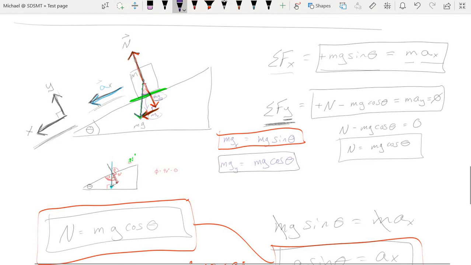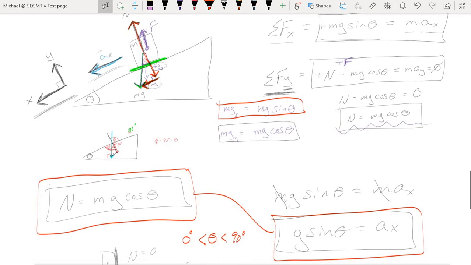If I add another force into the system, like maybe I start pulling up on this block with some force as it's traveling down the incline, well, that would have to be an extra force that gets added into my equations, and as such, that is going to affect the outcome of this problem.